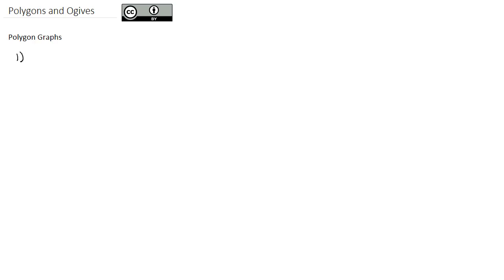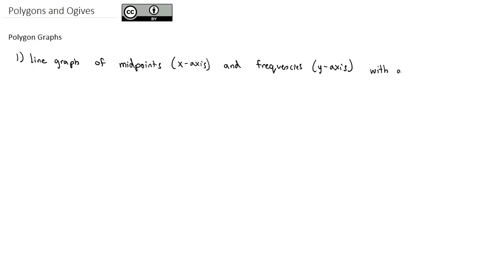A polygon graph is a line graph of midpoints that we draw across the x-axis and frequencies, which we draw across the y-axis, with an extra point at y equals 0 on either side.